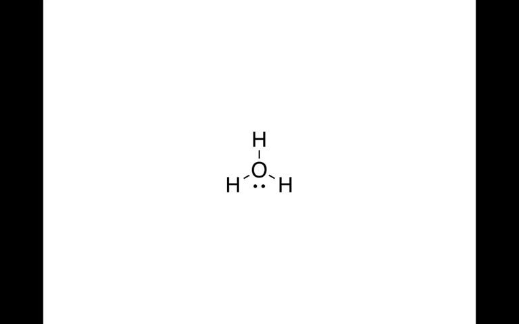Next one, we're going to take a look at oxygen. The number of valence electrons in oxygen by default is 6. We count that there are 3 bonds around oxygen, and we see that the number of lone pair electrons, not number of lone pairs.